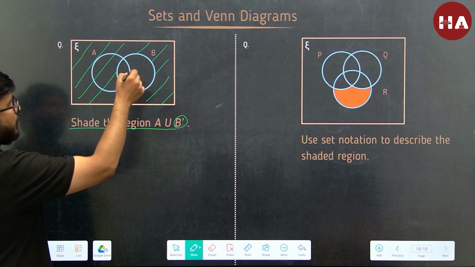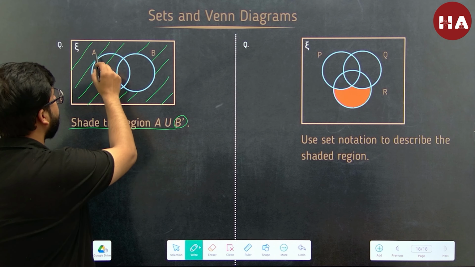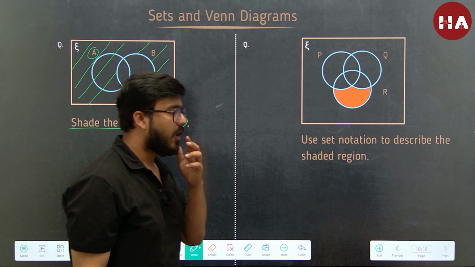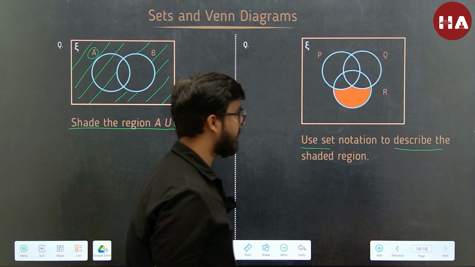We have to exclude the B portion and include the whole universe, that is the universal set, and the set A.